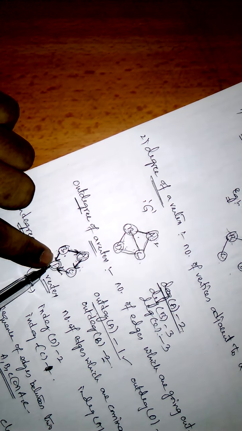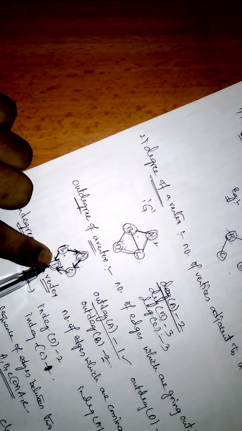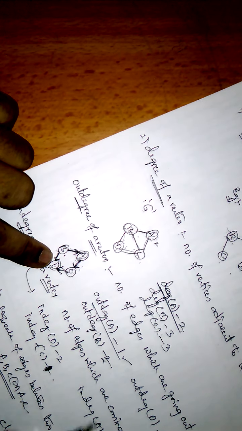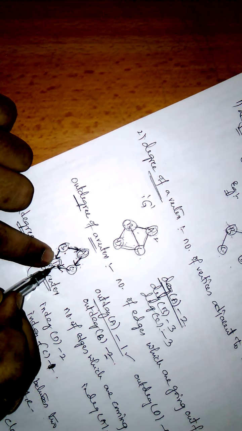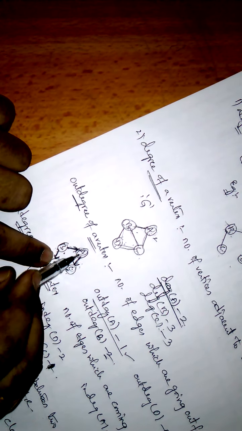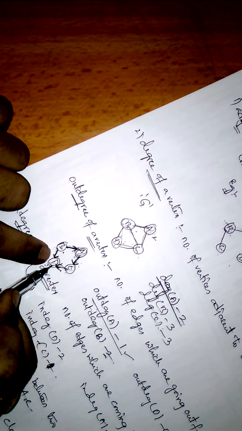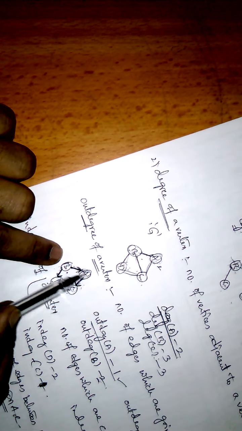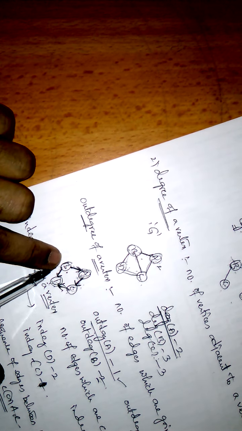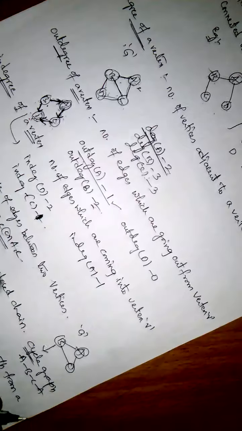A, C, D. If we say this is the path from A to D, there is no other path. Now what is the path from A to B? No path from A to B. What is the path from C to D?